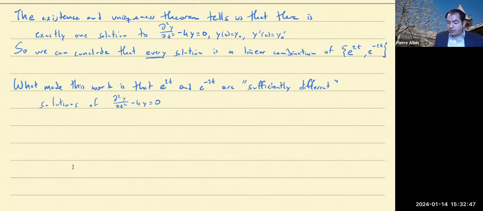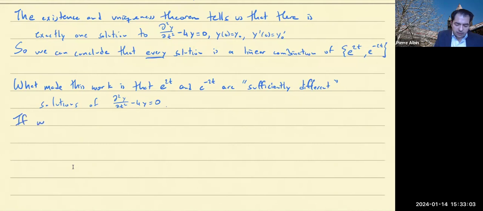By sufficiently different, we mean there's no redundancy. Where we're headed is we want them to be linearly independent, right? But just for thinking about it now, we want no redundancy. So what do I mean by that?